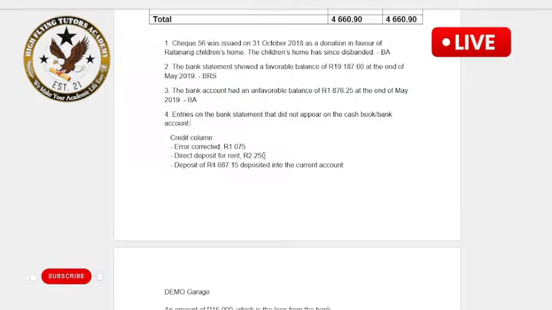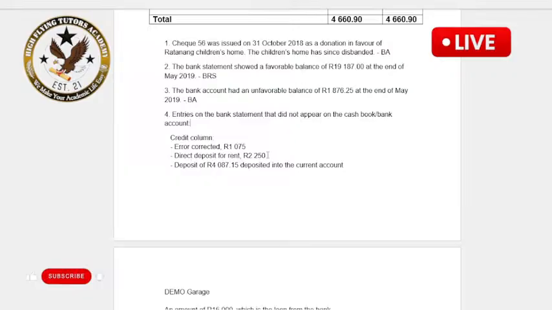So it will appear in our bank statement, but it won't appear in our books, and we need to make sure that it appears when we receive the bank statement from the bank. So the money appears in our bank statement, but it has not been recorded in our books, and then we need to take it to our books as well.